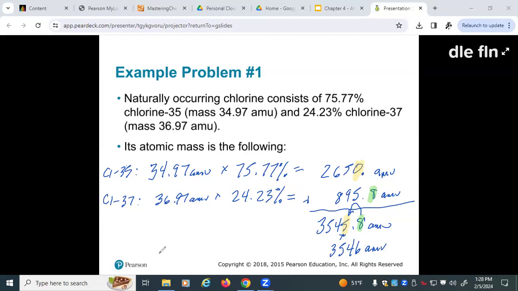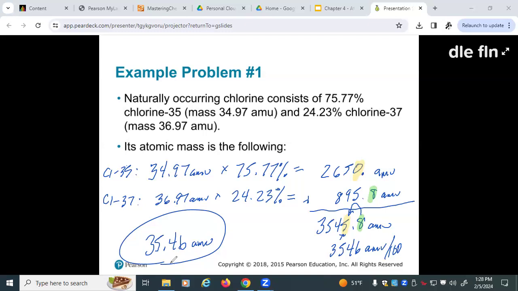When I divide it by 100, I get 35.46 AMU, which, if I look on the periodic table next to fluorine, says 35.453. Yeah, we're pretty close.